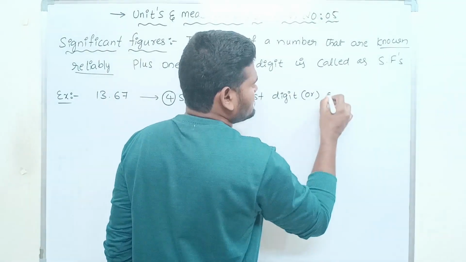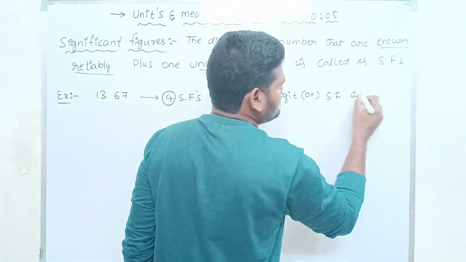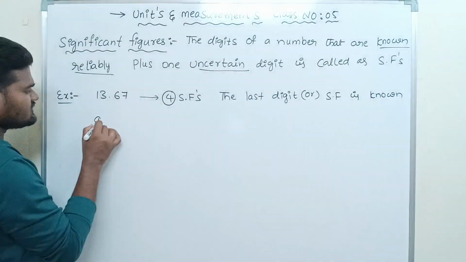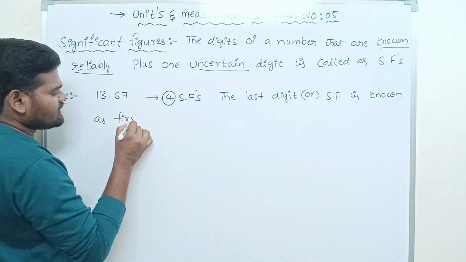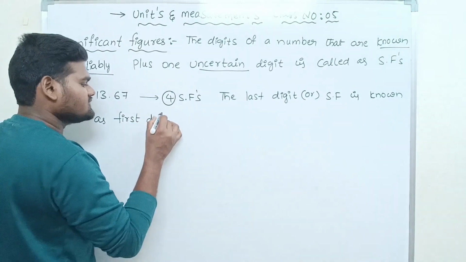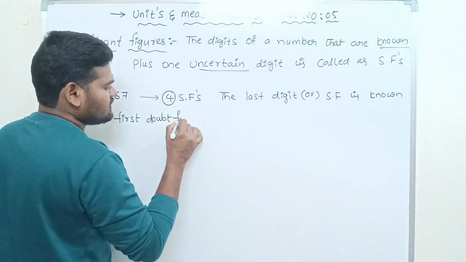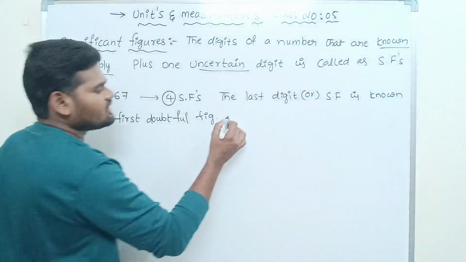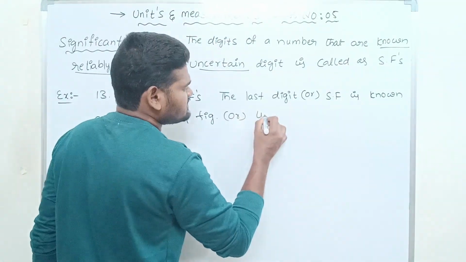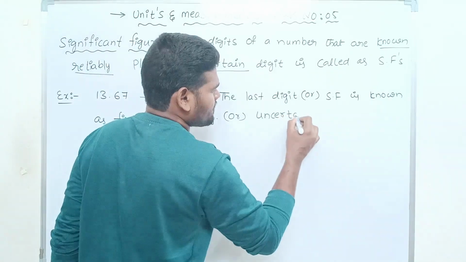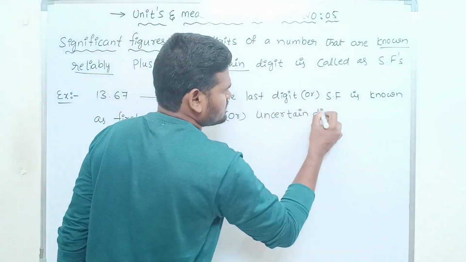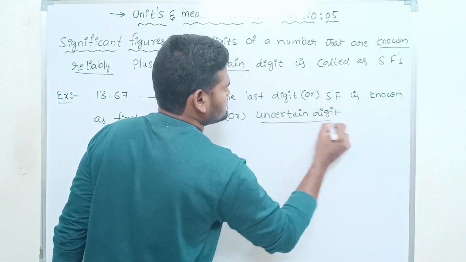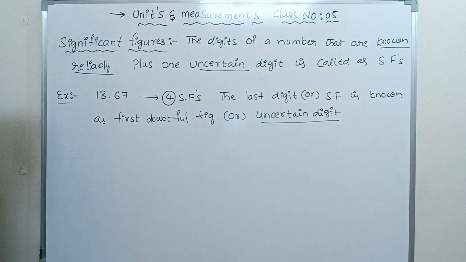The last digit or significant figure is known as the first doubtful figure or uncertain digit.